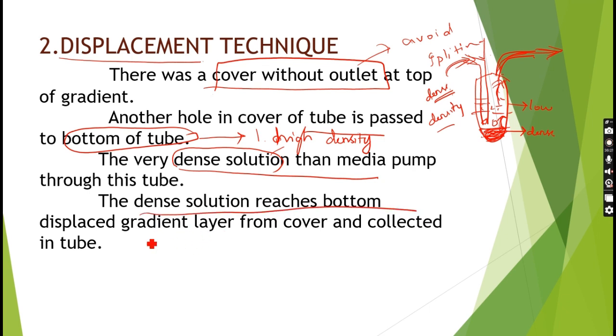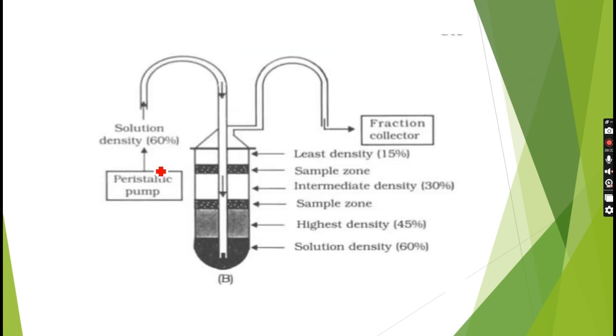The dense solution reaches the bottom, which causes displacement of the gradient layers. Here we can see a peristaltic pump, which is very important for pumping the solution, which has 60% density, more than the density of the gradient. So it is pumped to the bottom of the test tube, which causes displacement of each gradient.